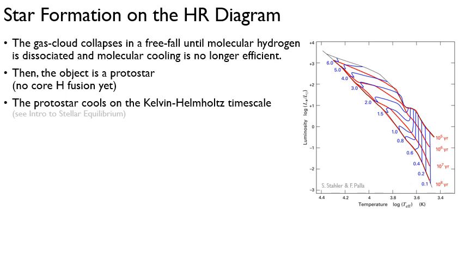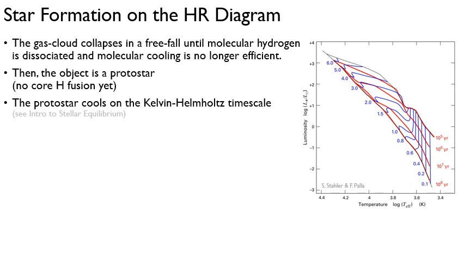So the cooling time scale, how long it takes for our protostar to become a star, is the Kelvin-Helmholtz time scale. And so you're going to want to go back and review the Introduction to Stellar Equilibrium lecture, and you'll then see how to calculate that Kelvin-Helmholtz time scale. It's basically just saying, okay, I have a given luminosity. How long would it take for me to radiate away the gravitational potential energy if I was emitting light at that particular luminosity?